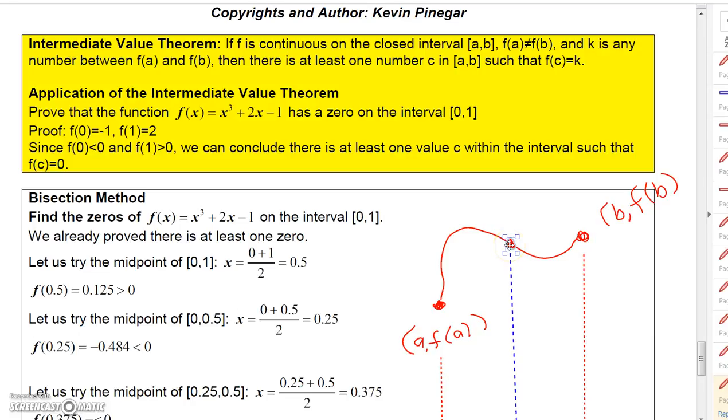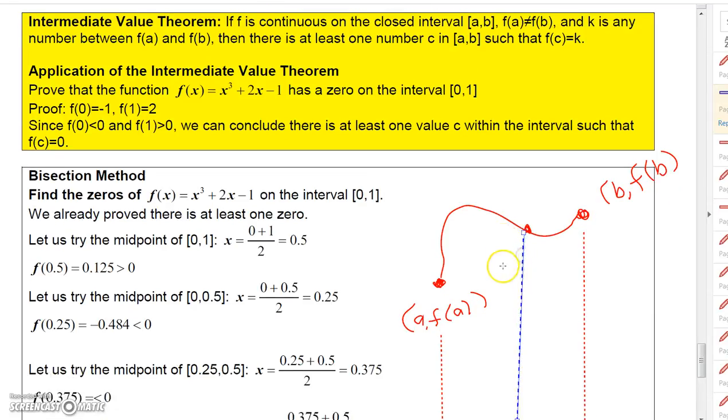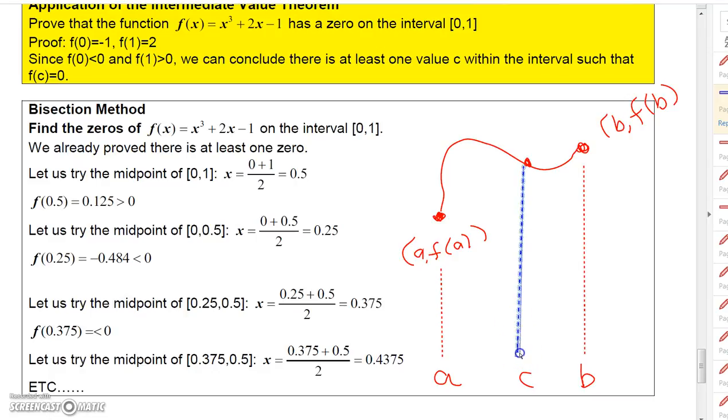So it's a number between f of a and f of b. In other words, a is at this level, and b is at this level. Let me move that down a little bit just to make sure that it's between them. Okay. So here's the k, and it's definitely between f of a and f of b.